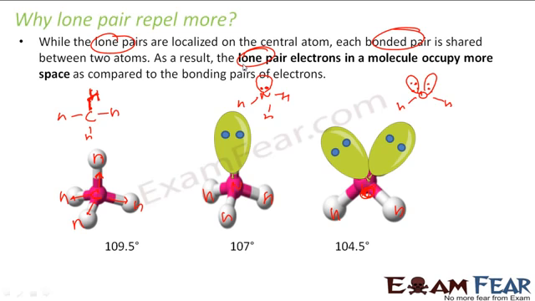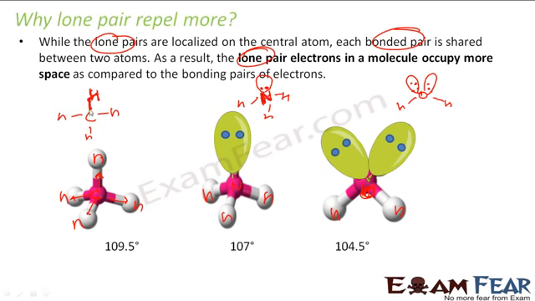They need to get more space because they are only with this nitrogen or oxygen here. There is no other atom sharing this electron, so they depend totally on this nitrogen. So this nitrogen has to give more space to these two electrons.